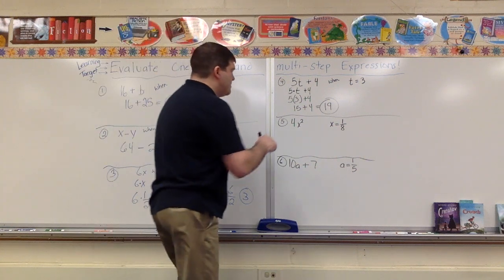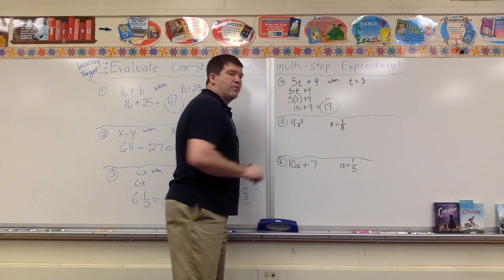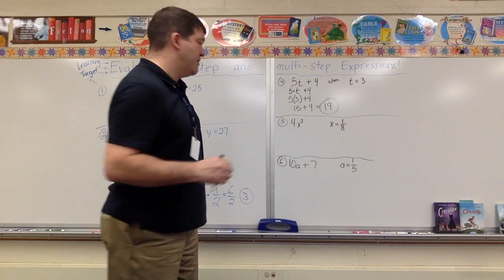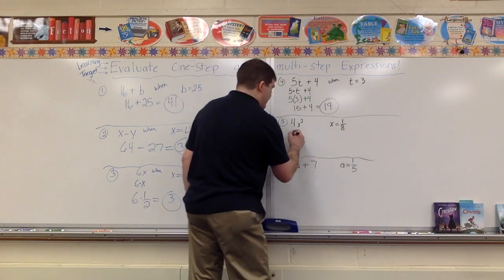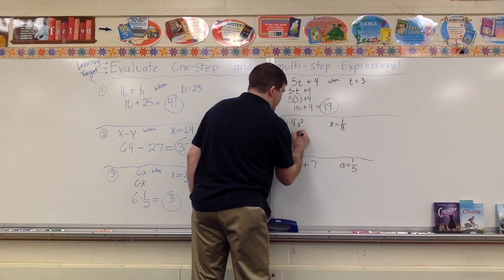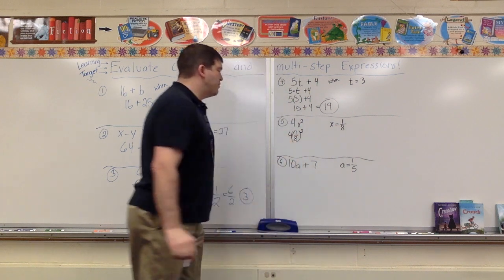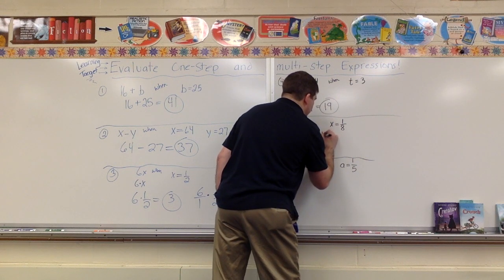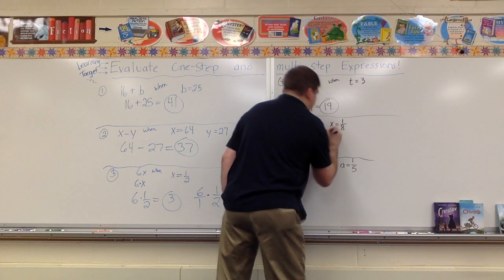Okay. This one, 4x squared. So I have a multiplication and an exponent. Now I know x is 1/8. So 4 times 1/8 squared. I could also write it like this, 4 times 1/8 and squared.